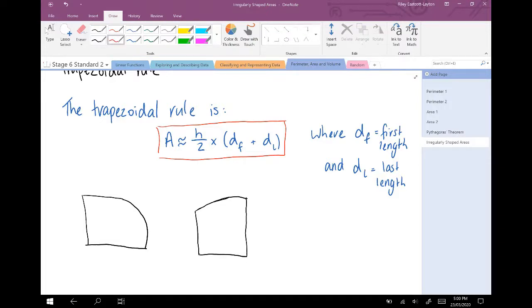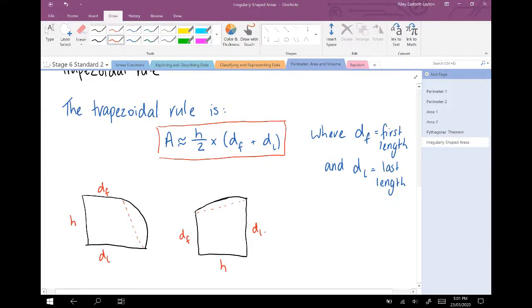If I were to turn these into 2 trapezia, I would split this one down this way, and that one up this way. So even though we've got the same shape, our labels will stay the same no matter how our shape is rotated. In this case, our h is here, and in this case, our h is down here. On our left side, df would be there. On the right case, df would be there. And of course, we're only left with dl, which would be here.